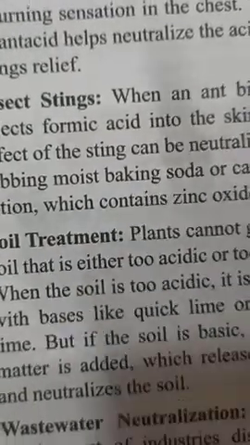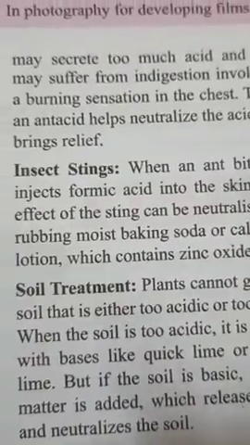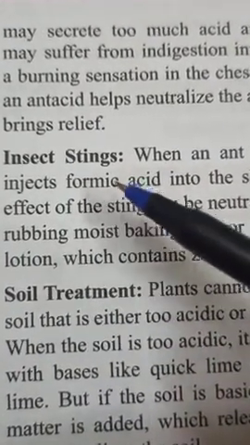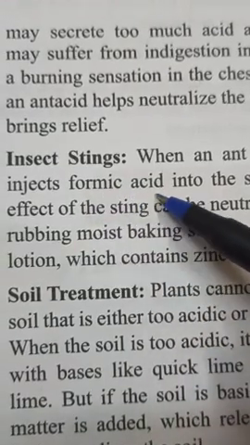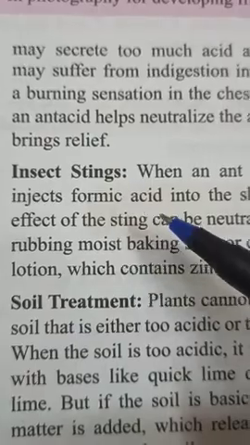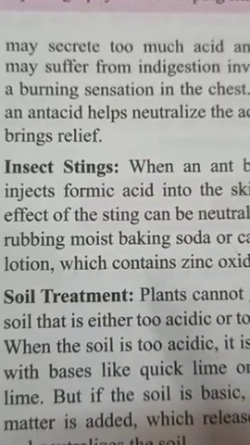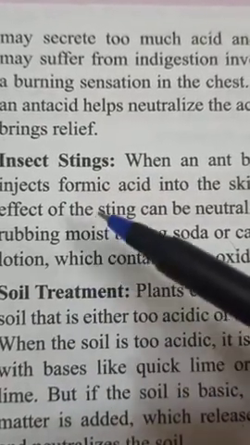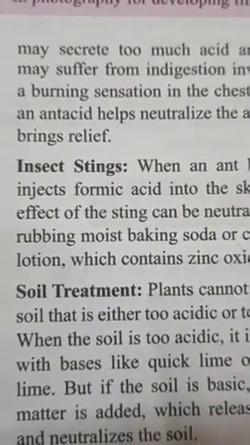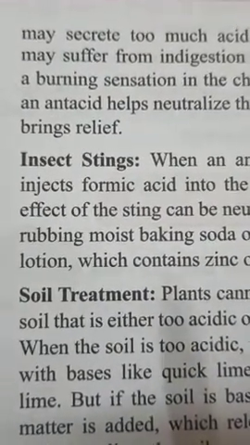insect bites us, what happens? They inject some kind of acid, like here they have given the name of formic acid. Ants always inject formic acid into our skin. Because of this formic acid we get irritation and keep rubbing that part.